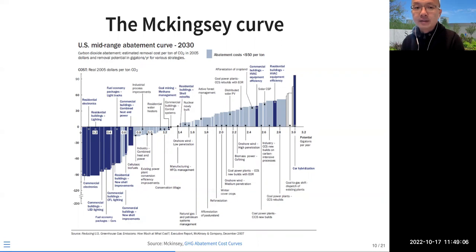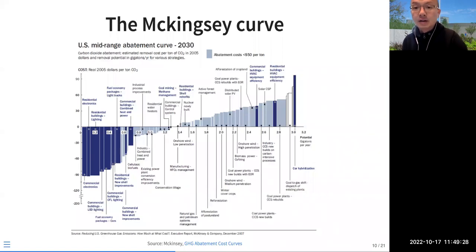This is a typical type of chart, as you can see here. It has two dimensions. One is the cost, which improves on the wedges idea, right? The vertical axis shows the cost.